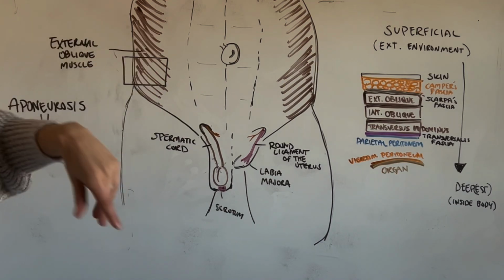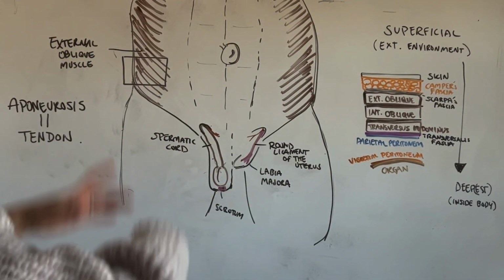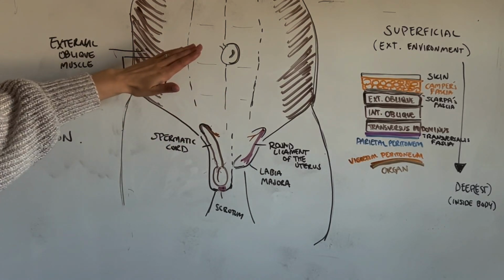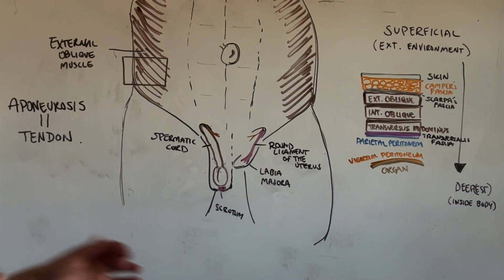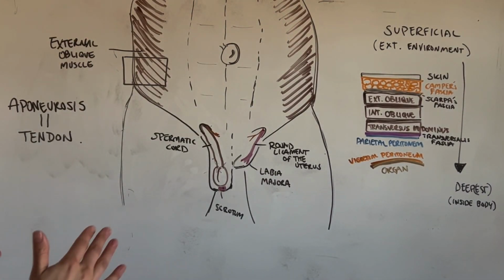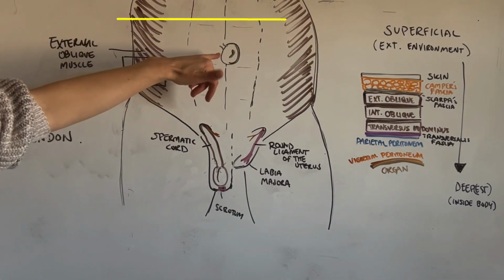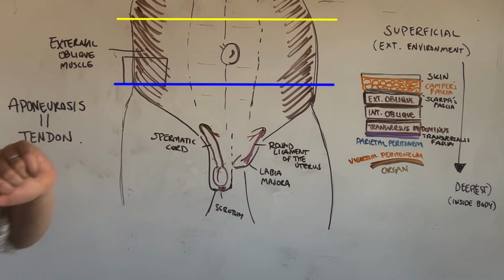Kind of strange. So I'm going to explain it to you by using a cross section, and then I'm going to show it to you on here so you can see which layers are where, because this is a confusing concept, and I really want it to make sense. So we're going to hemisect this abdomen here above the umbilicus, and then here below the umbilicus.